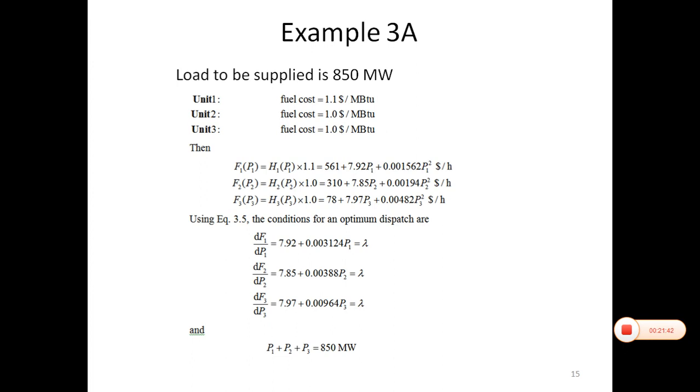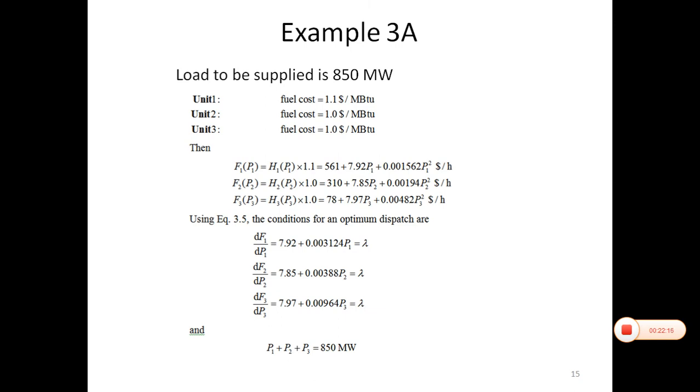So this is actually its individual fuel cost function, and your total fuel cost F1, which is a function of the independent variable P1, will be H1 of P1 multiplied by its respective per unit fuel cost, which is 1.1. So by multiplying this, we get 561 plus 7.92 P1 plus 0.001562 P1 square rupees per hour. Again, I have written dollars here, but you will read it as rupees per hour.